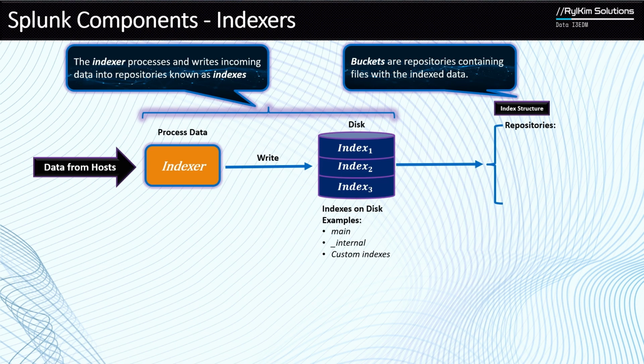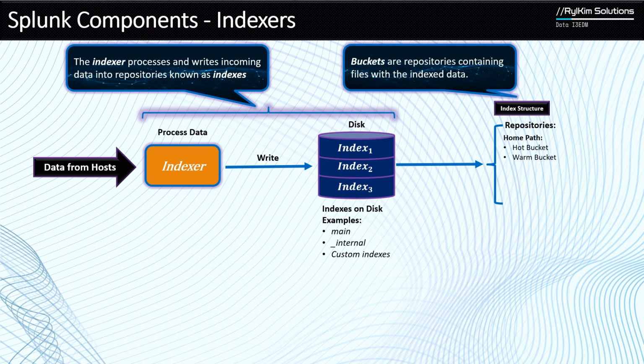It's almost like you get into your machine, into Windows, for example. You get into one folder, another folder, another folder, until you eventually get to the final folder that contains the files that you are looking for. So those final folders or repositories that contain the information you are indexing are what we refer to as index buckets.